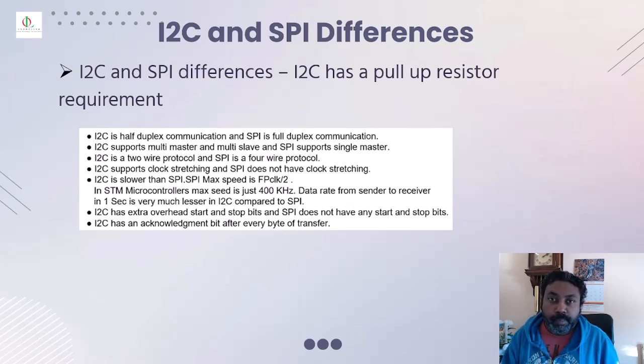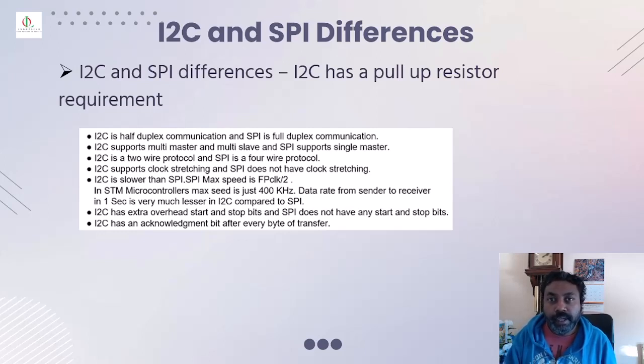I2C supports, as we know, multi-master, multi-slave arrangements, whereas SPI doesn't. I2C, as you know now, requires only two lines, the serial clock and serial data, but SPI works on a 4-wire protocol, which you will learn. I2C supports clock stretching.